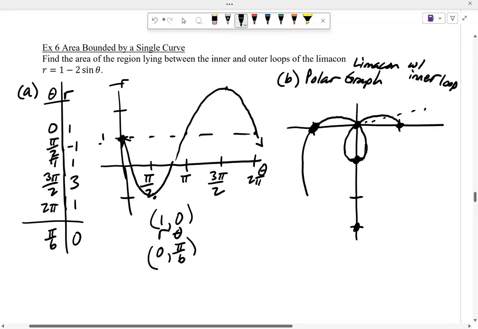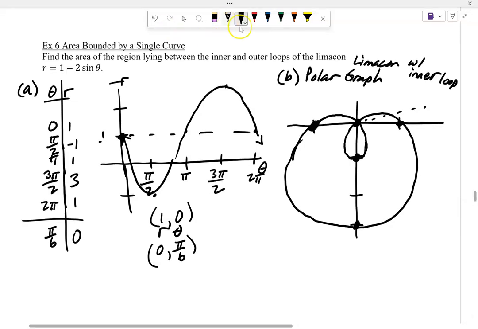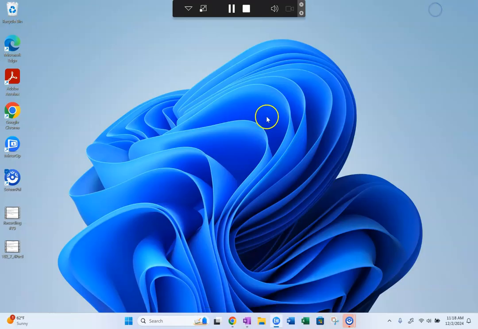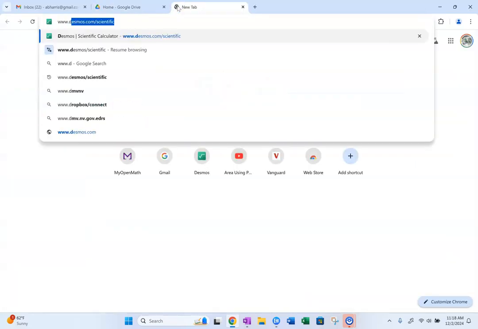Oops, that's not very good. Like I said, not a bad idea on this one here.